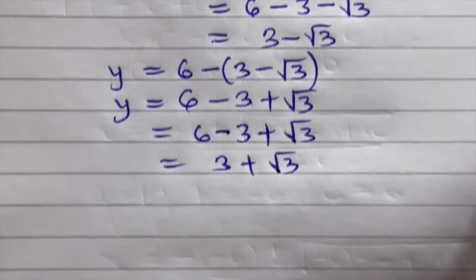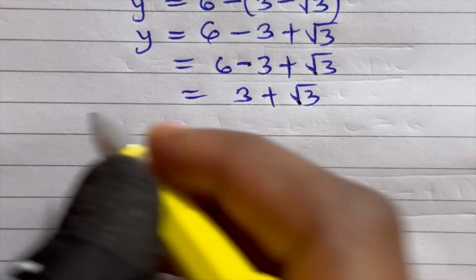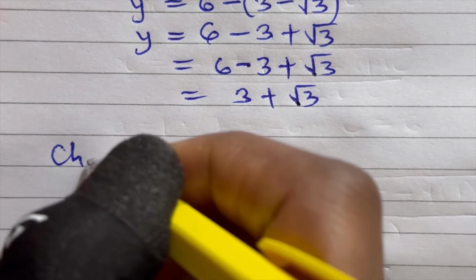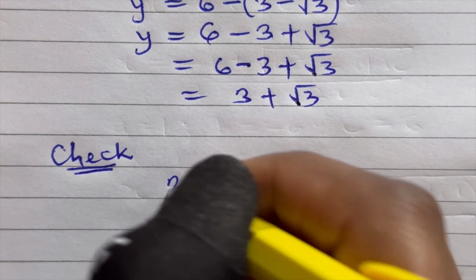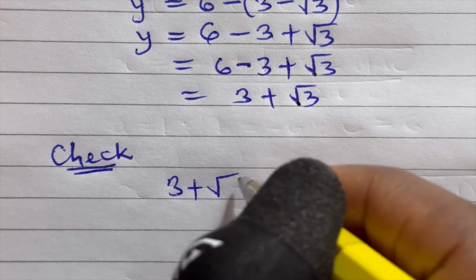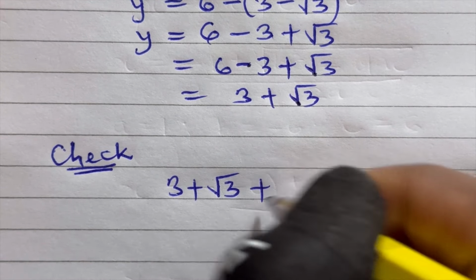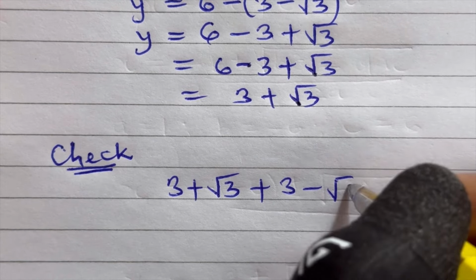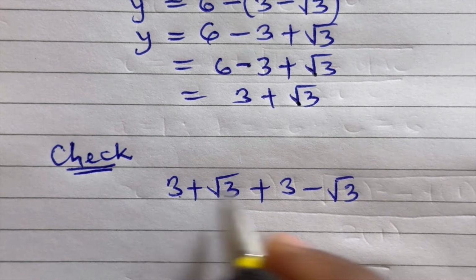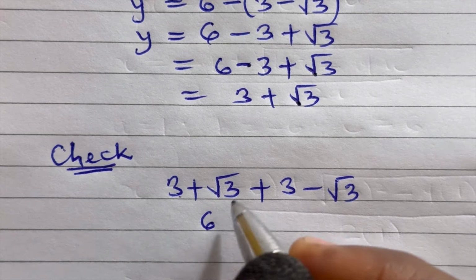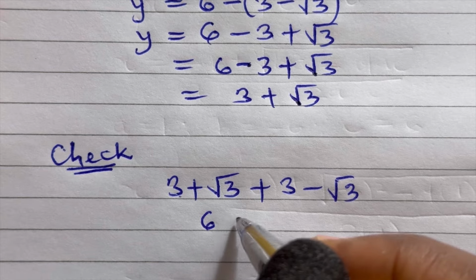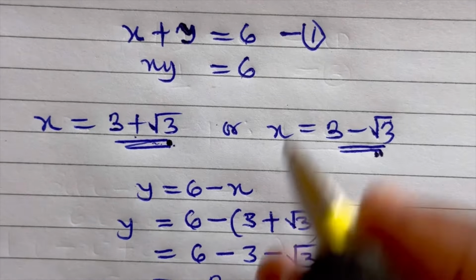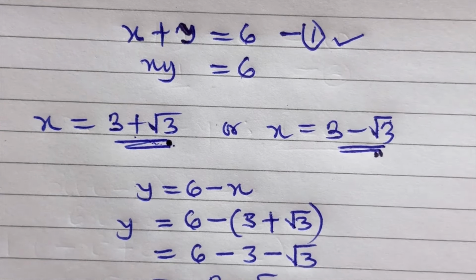So we have, checking, 3 plus root 3, then plus 3 minus root 3. 3 plus 3 is 6. Then plus root 3 minus root 3 is simply 0. So 6 is equal to 6 according to the first equation here.